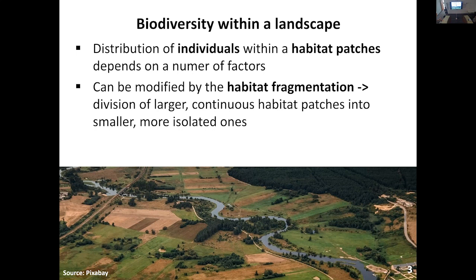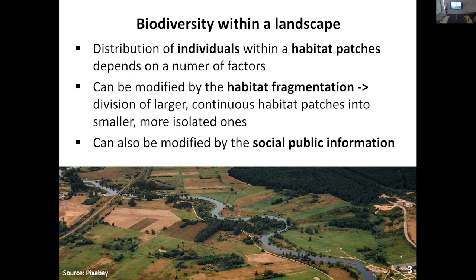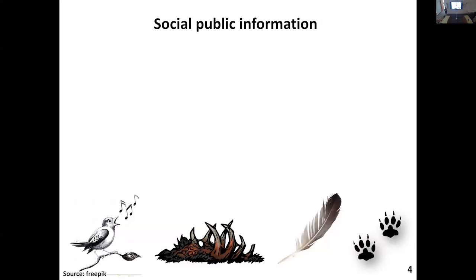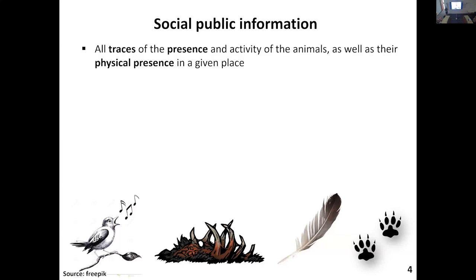One of the others can be social information. And what is that social information? I use the word social information, but it's also referred to as social public information. So social information is basically all traces of presence of animals within a place, as well as the physical presence itself.